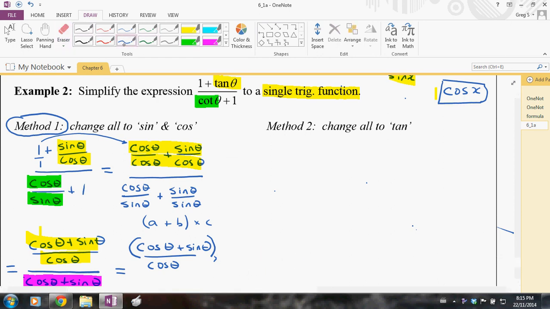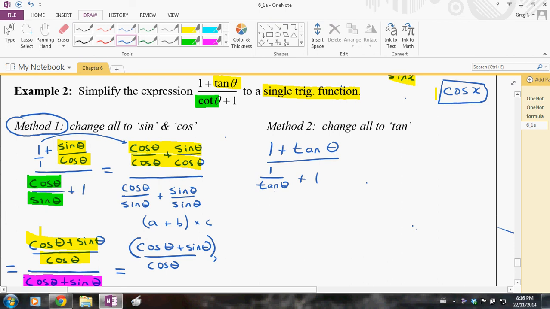Hopefully that's alright. So if we're going to change it all to tan, here we're going to have 1 plus the tan of theta, so we've already got that, that's good, all over. Now cotan is the same thing as 1 over tan, so we can say 1 over the tan of theta plus 1. Okay, good so far.